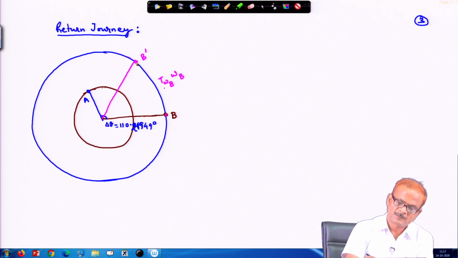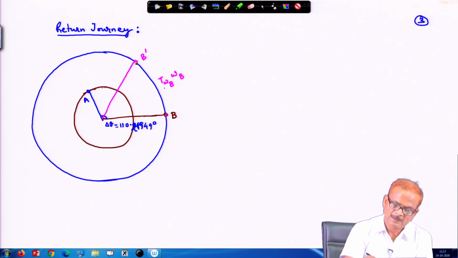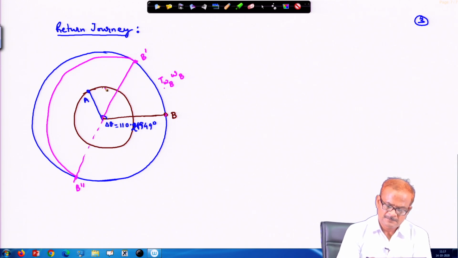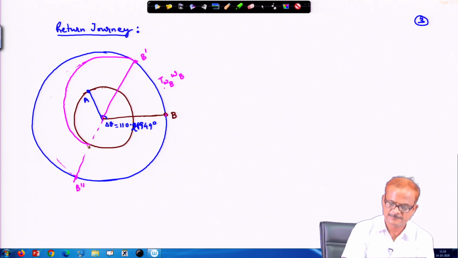So, if the launch is done from this place, and B double prime will come here in this place. So, launch is done from B and it has to go to A. Therefore, this comes here and the Hohmann transfer is.